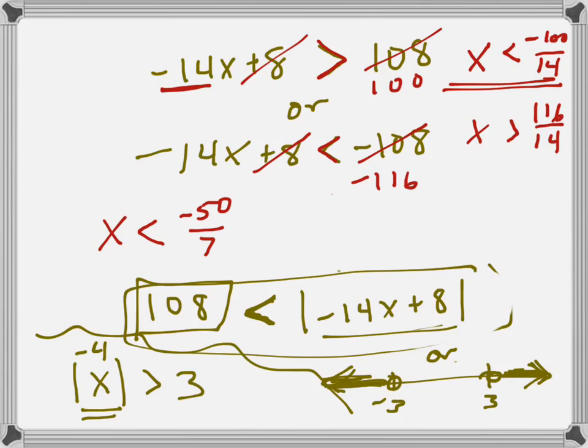So x is less than negative 50 over 7, or x is greater than, divide these by 2 again, 58 over 7. And there's my picture. Notice it's a picture like this. Now this happens to be negative 50 over 7, and this happens to be 58 over 7, but it's that same picture that we talked about before. There's your answer.